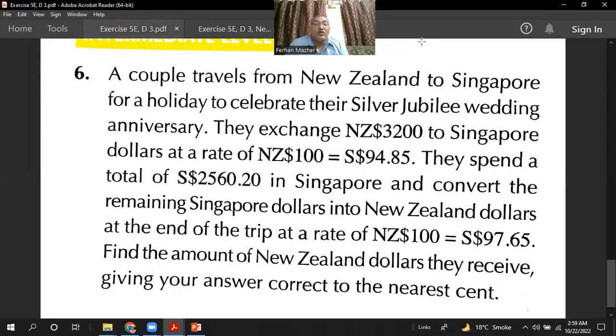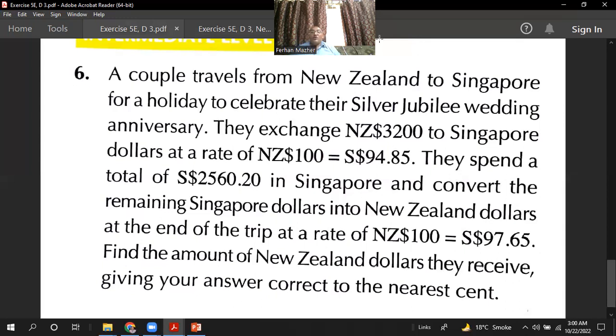They spend a total of 2,560.20 Singapore dollars in Singapore and convert the remaining Singapore dollars into New Zealand dollars at the end of the trip at a rate of 100 New Zealand dollars equals 97.65 Singapore dollars. Find the amount of New Zealand dollars they receive. Give your answer correct to the nearest cent.